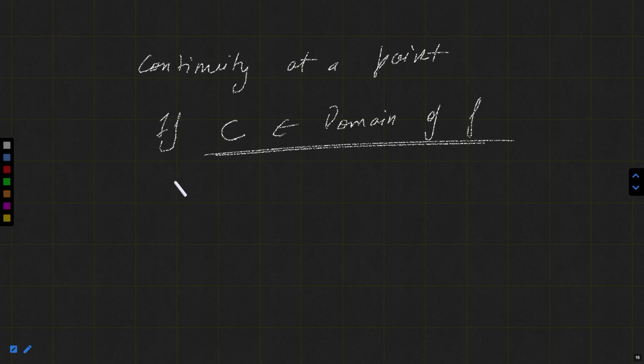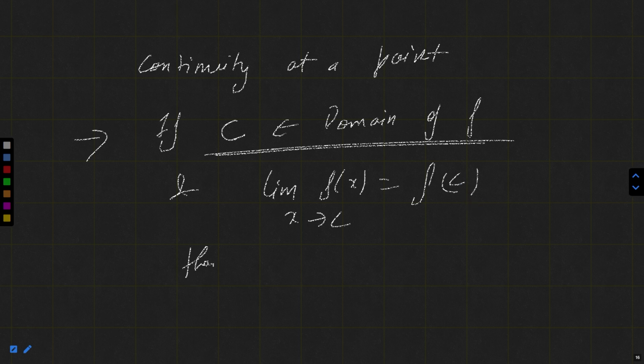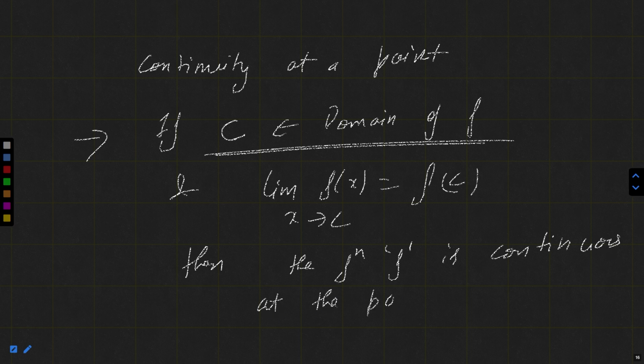Then if limit x tends to c of f of x is the same as f of c, we say that the function f is continuous at the point c. Clear?